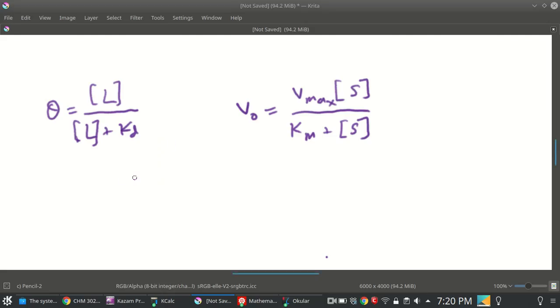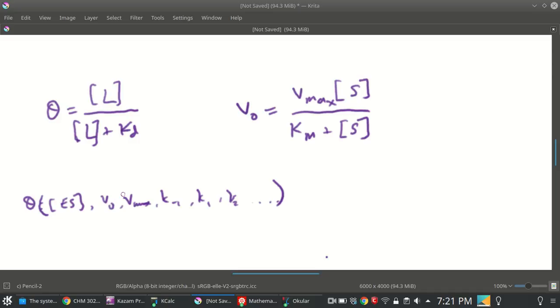All right. So how do we get theta as a function of enzyme substrate complex concentration, or V naught, or Vmax, or K negative 1, or K1, or K2, etc.? How do we get theta as a function of those things?